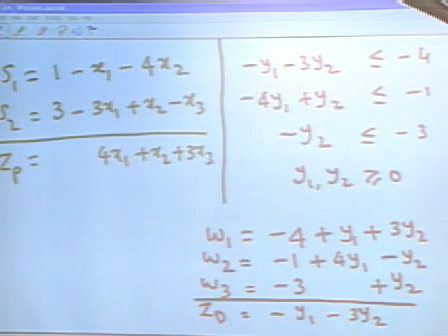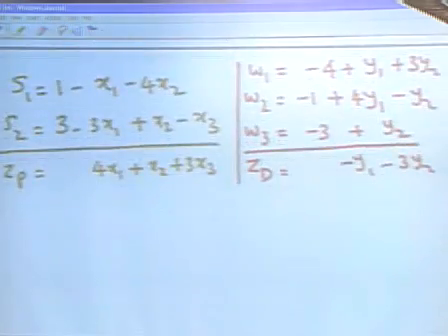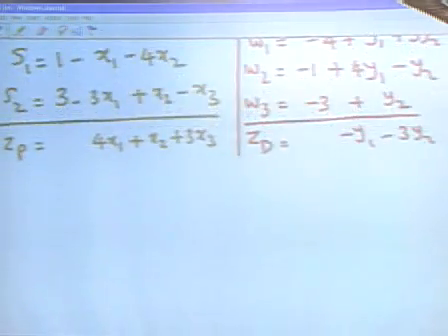Let's actually see what happens when we pivot. So here are the dictionaries, and what does it mean for us to pivot? Let's work with the green dictionary because that's the only feasible one. The red is infeasible, so we can't do much with it.